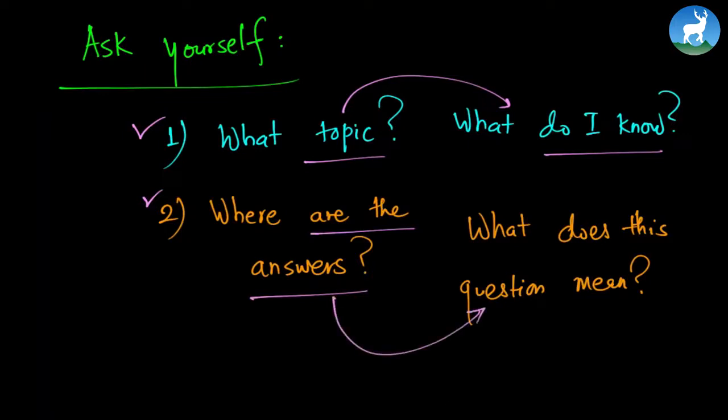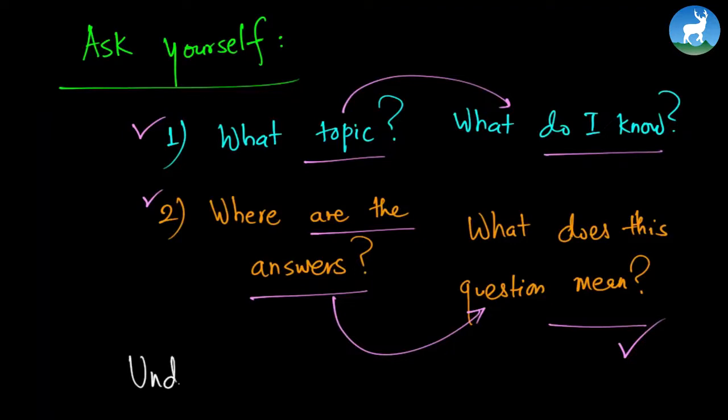And before that, there comes another question in your mind, and that is, what does this question mean to me? How do I relate to this question? How do I relate myself to this question? That's another question that you should be asking. After looking at the prompt and doing some additional reading and research, you should better understand your topic and what you need to discuss.